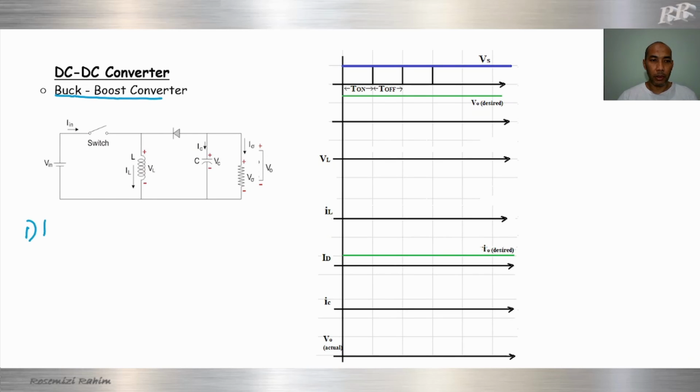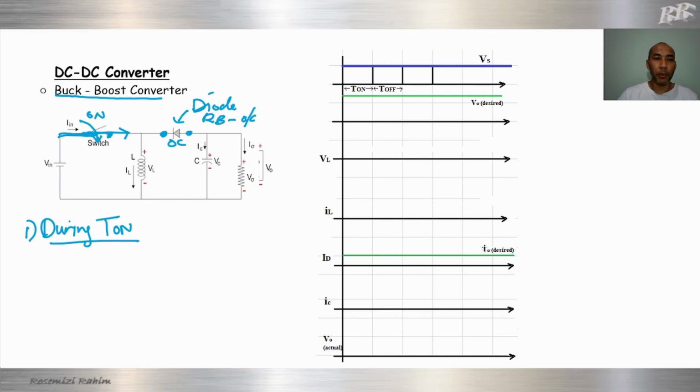First, during switch on time, when we turn this switch on, it means we short circuit this switch. Look at this diode. The position of the diode is like this, so when the current flows in here, this diode will be reverse biased, so open circuit.